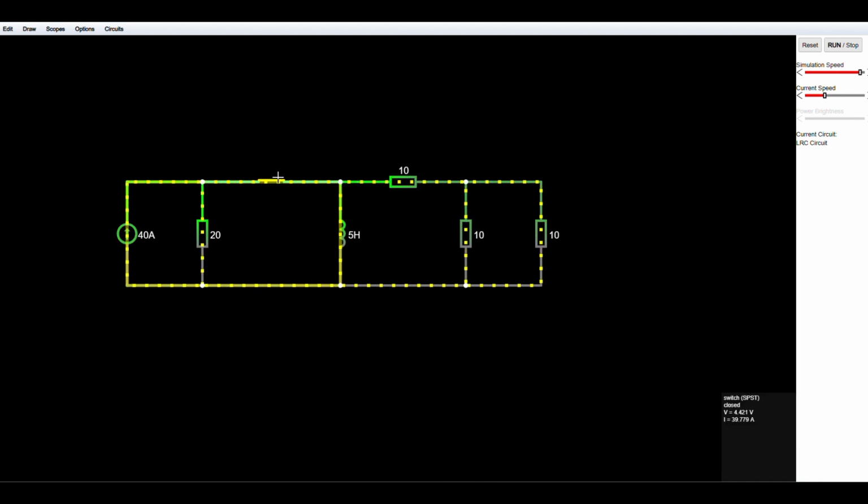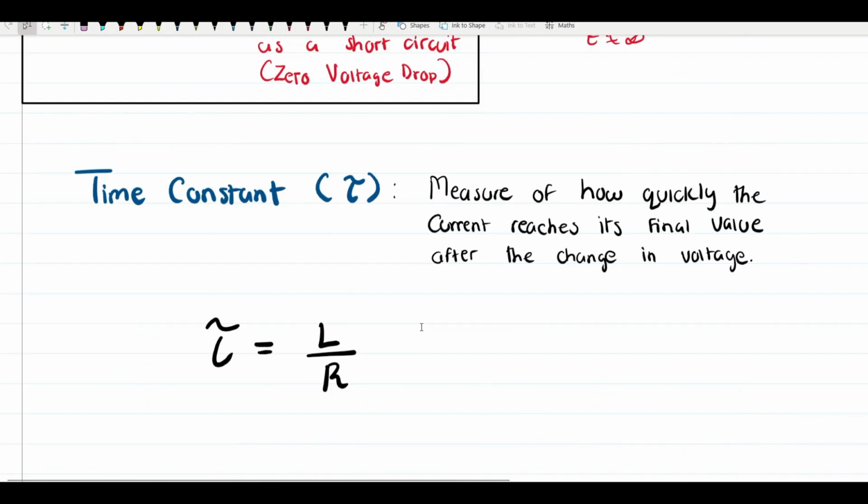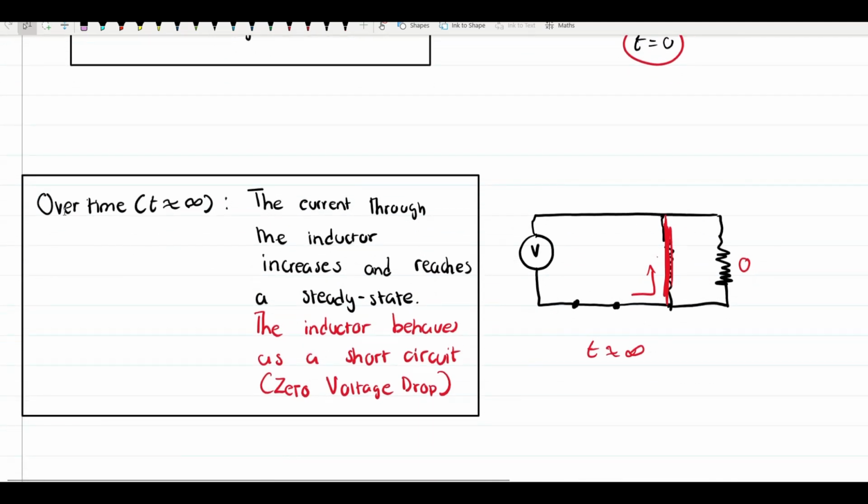So as t tends to infinity, the current going through the inductor increases, just like what I've stated in this example here. Over time, when t is almost equal to infinity, the current through the inductor increases and reaches a steady state. So the inductor behaves as a short circuit.